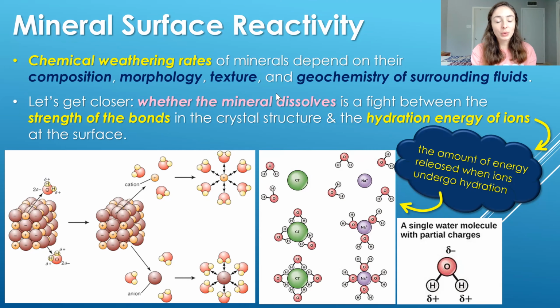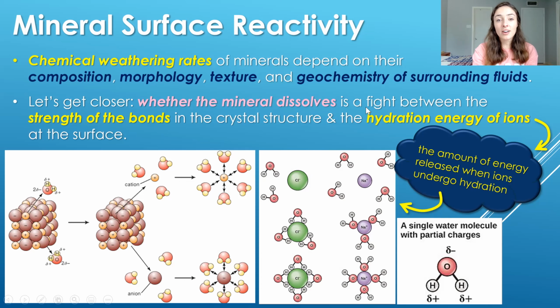But chemical weathering requires some sort of fluid flowing through the rock or interacting with the rock in some way and altering it depending on the rock's composition, morphology, texture, as well as the geochemistry of the fluid. And so these are the factors that control the rates of chemical weathering.